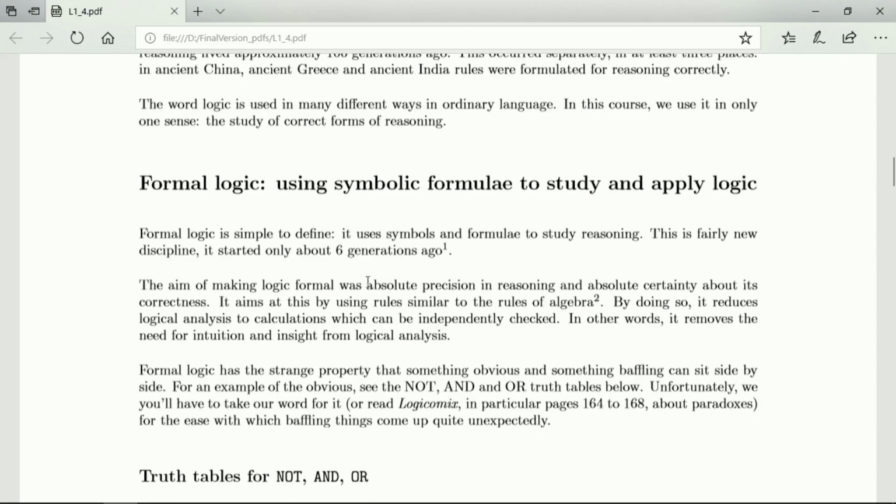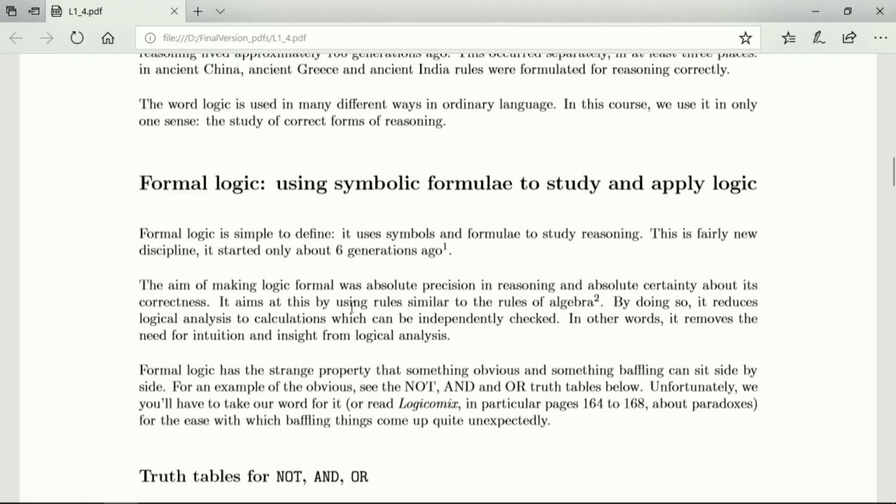Okay, so once we've got the term logic, we can talk about formal logic, and that's then very easy. It uses symbols and formulae to do the study of reasoning. And that started maybe only 6 generations ago. The aim was to make absolutely precise how reasoning works and to be absolutely certain that the reasoning was correct.